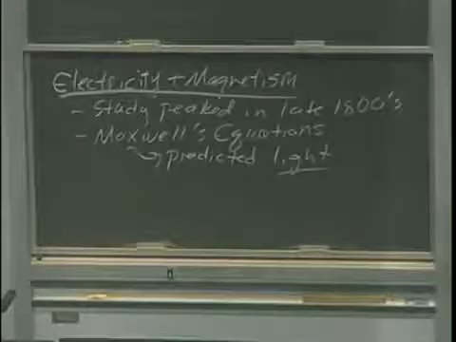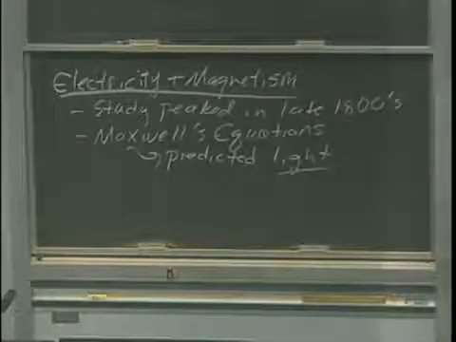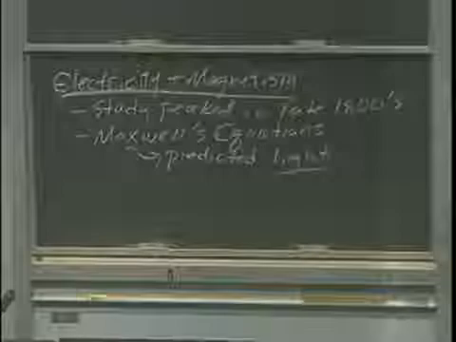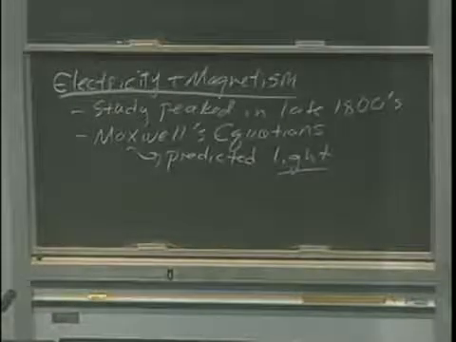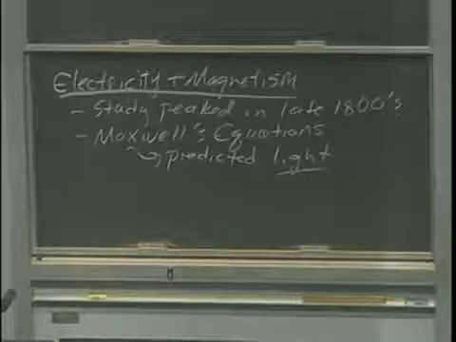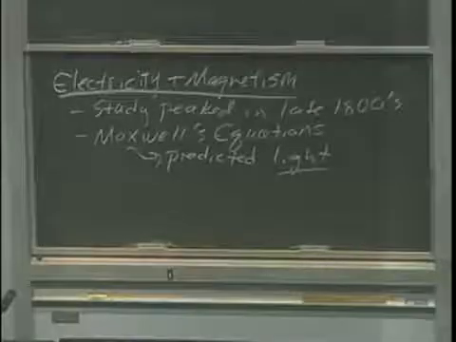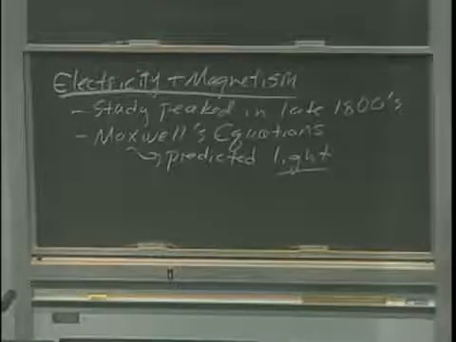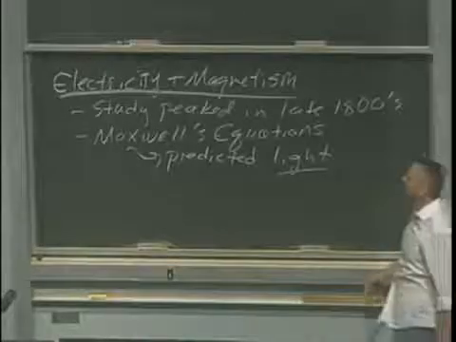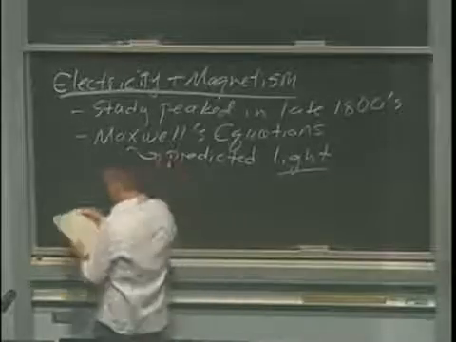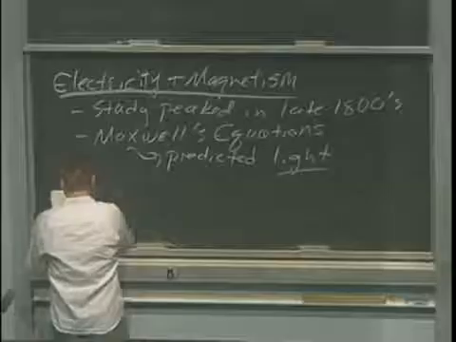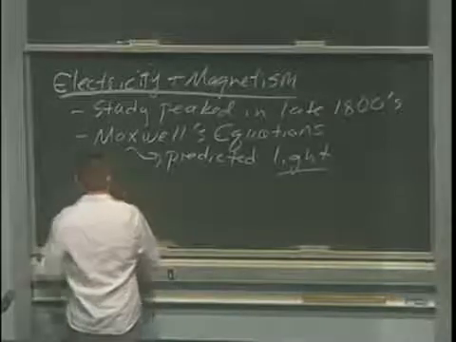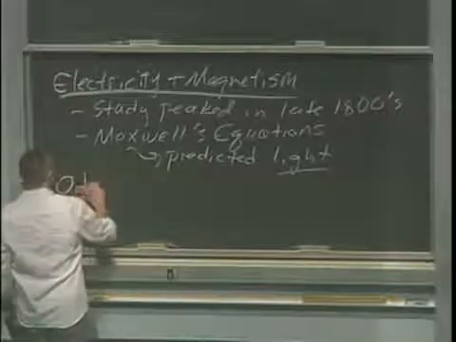Until that point, there was a lot of debate about what light actually was. It wasn't absolutely clear. Through the study of electricity and magnetism, basically Maxwell and his colleagues developed a theory that explained what light is and how fast it moves, and it made an incredibly odd prediction.